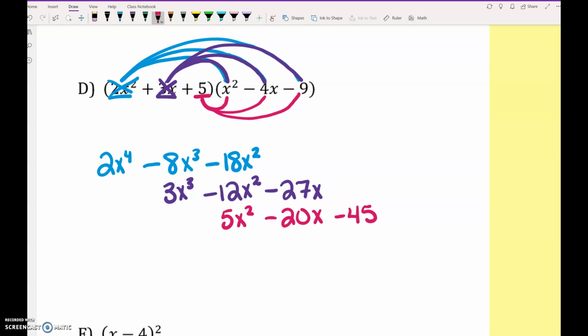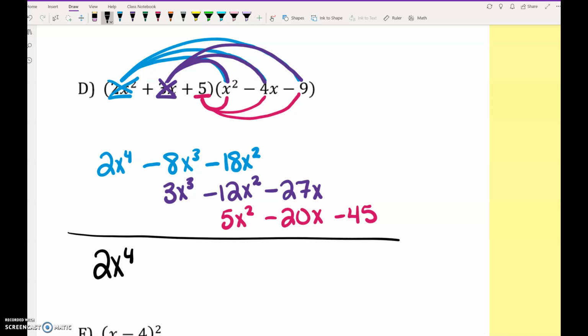This is really, really helpful if you have like a 6-termed polynomial times a 6-termed polynomial and you're going to end up with 36 terms on your paper, because who wants to look through a horizontal line of 36 terms? That just sounds like terrible. So if you group your things vertically, now you can very easily see your like terms.